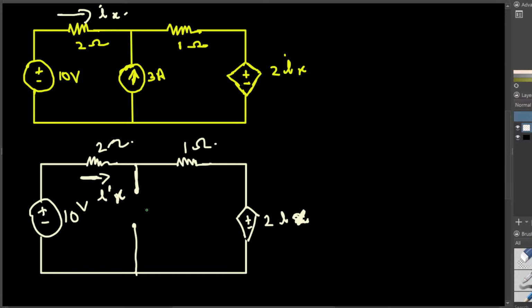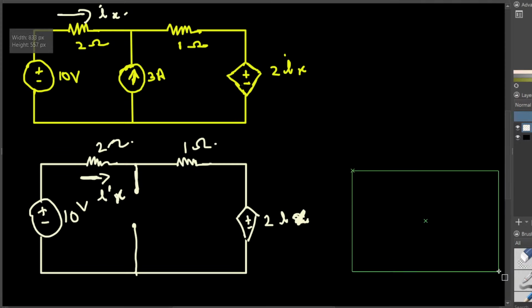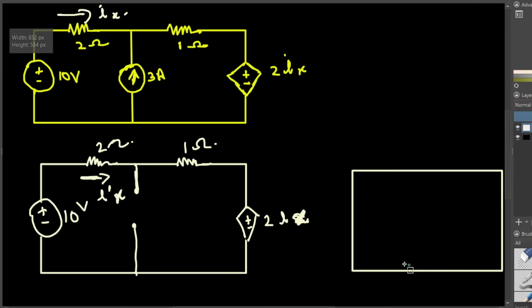We killed the current source right here, and now I'm going to draw another circuit. In that one, I'm going to kill the voltage source. If I kill the voltage source, this is going to be a short circuit at that point. So I'm putting the current source right here, and the voltage source is going to be a short circuit, so it's going to be just a straight line.